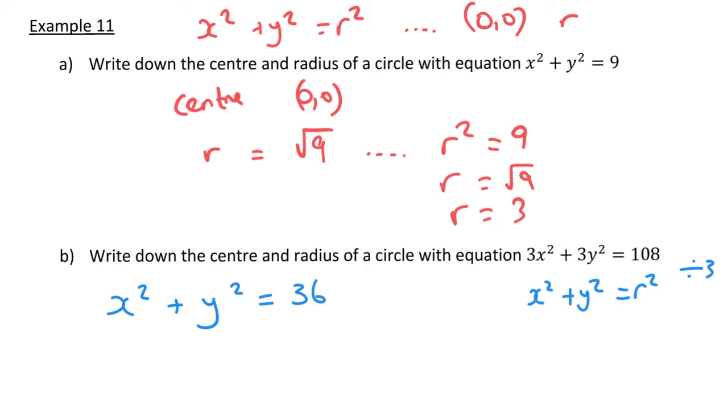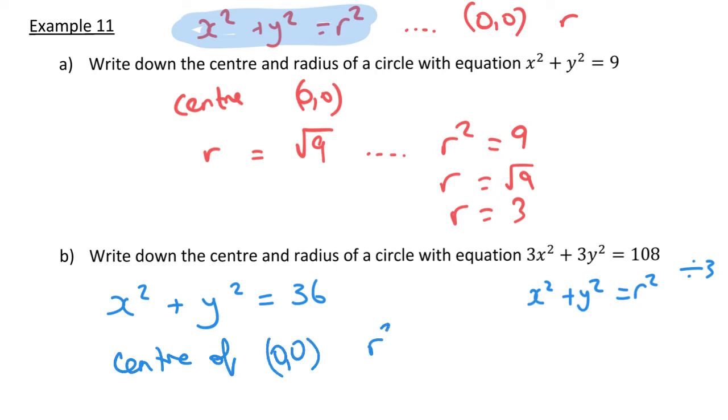Which is now of the form x squared plus y squared equals r squared. So this is going to have a centre of 0, 0, and r squared is going to equal 36. So r is the square root of 36, which is 6. So there's a centre of 0, 0 and a radius of 6.